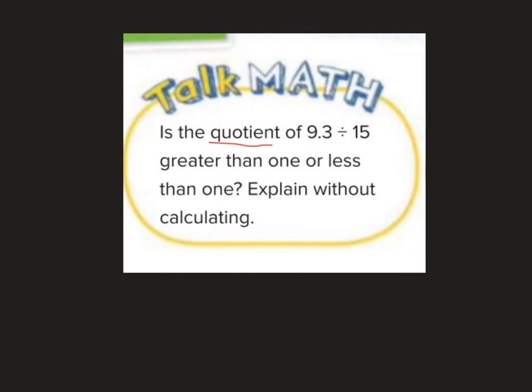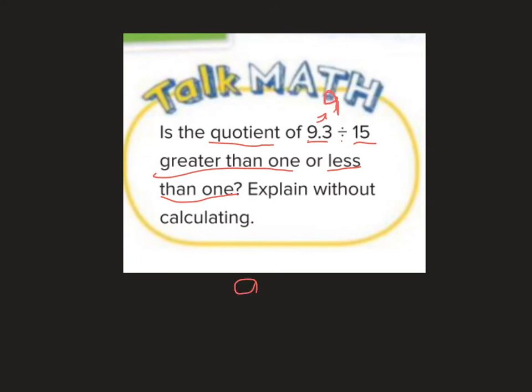Is the quotient, so is the answer of this division problem, of 9 and 3 tenths divided by 15 greater than 1 or less than 1? And explain without calculating. Okay, so if I were to round 9 and 3 tenths, I'd round it to 9.